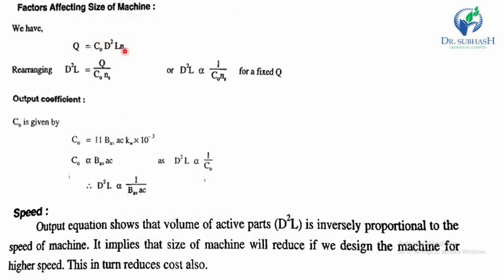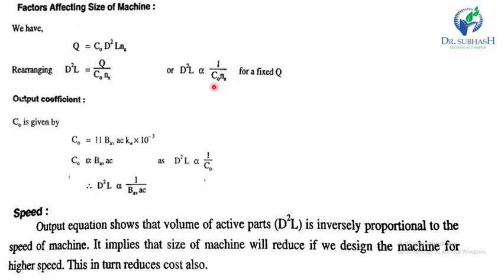Now, from this equation, we are rearranging as d square L equal to Q by C0 NS, or d square L is proportional to 1 upon C0 NS, because the Q is almost fixed. So the output is fixed, so it is proportional to 1 upon C0 N. Which means that our main dimension is inversely proportional to our output coefficient and our speed.